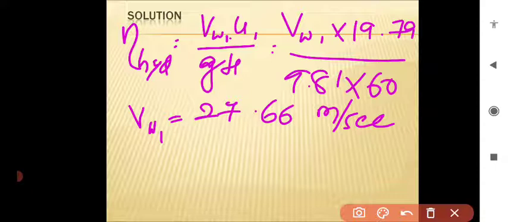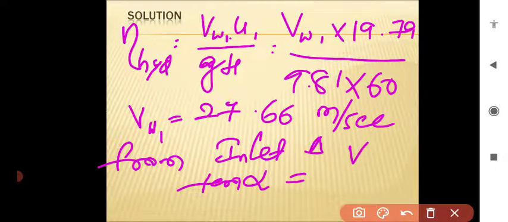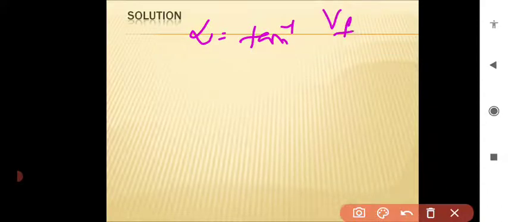Okay, from the inlet triangle we know that tan alpha is equal to VF1 by VW1. So alpha is equal to tan inverse VF1 by VW1. Substitute all the values in this equation.